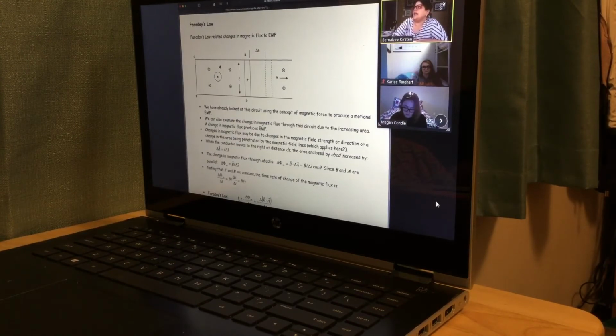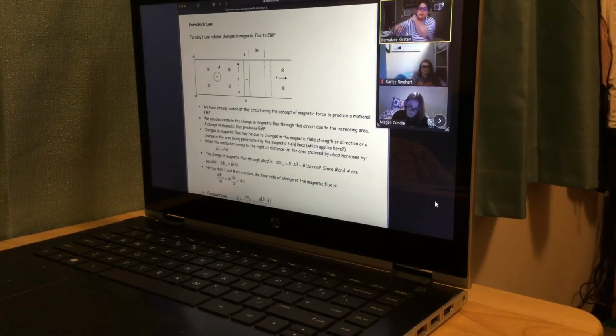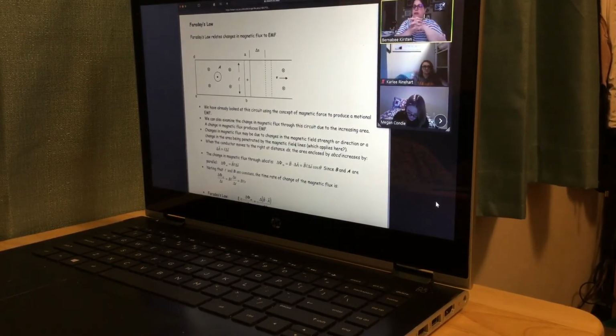All right. As it turns out, though, when we just conjured up our equation for our rotating square loop, all we looked at was the motion. Technically, I could get the same effect if I also changed the field.